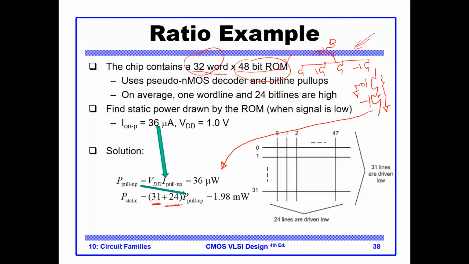And in this case, you'll have 24, 50% by 48. So this simple ROM design and small design will burn 1.98, about 2 milliwatt in this small design. That's significantly high, and we have to be careful when we are using such ROM design.